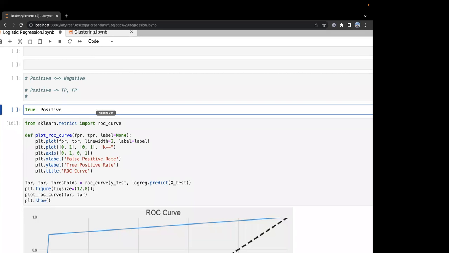Either it will be true or it will be false. True means whatever you predicted is a correct prediction. False means whatever you predicted is the wrong prediction. So true positive means you predicted positive and you predicted correctly. False positive means you predicted positive but you predicted wrongly. Is that clear now?